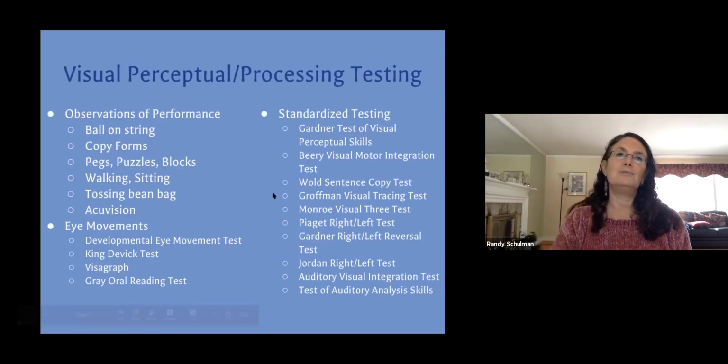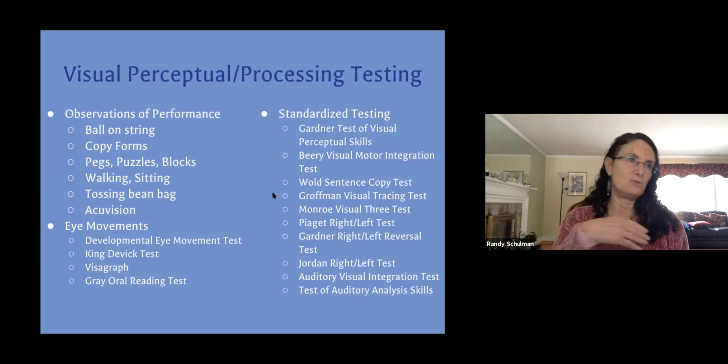Then, of course, you can do a visual perceptual or visual processing evaluation. And I think that's really important. I don't do it on everybody, but certainly if you're going to be exploring lenses and prisms and maybe you're not quite sure what's going to have the best performance or best effect for the patient, then do observations of reading or Marsden Ball or just walking.